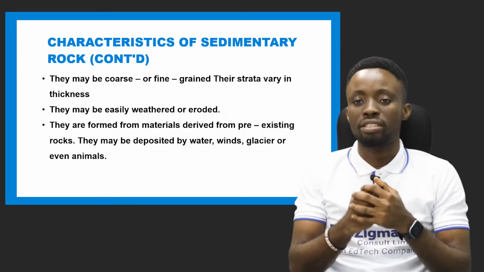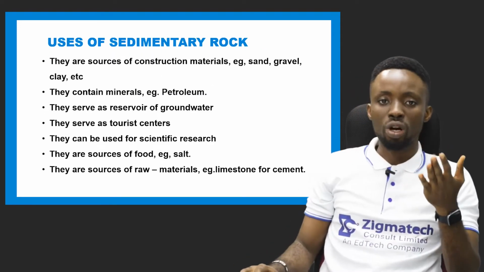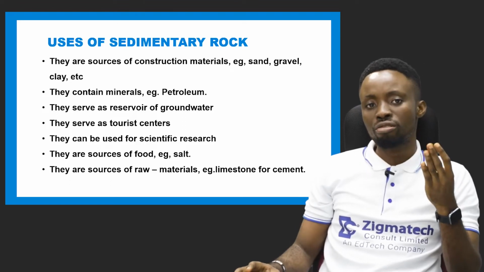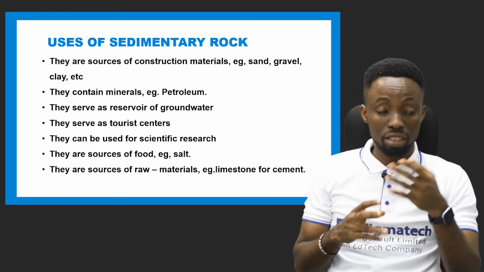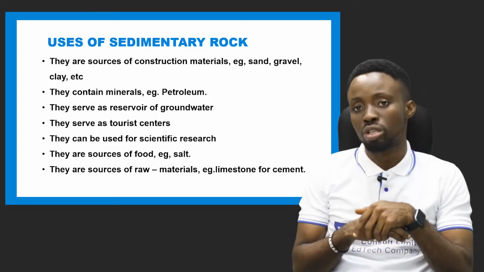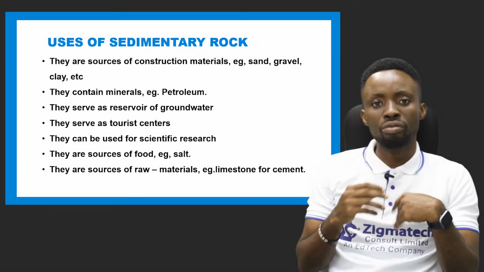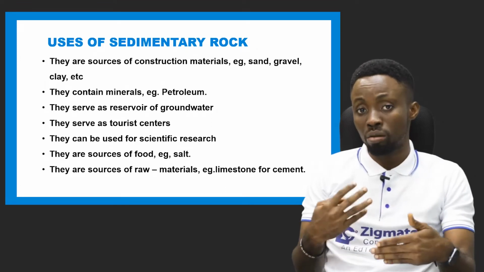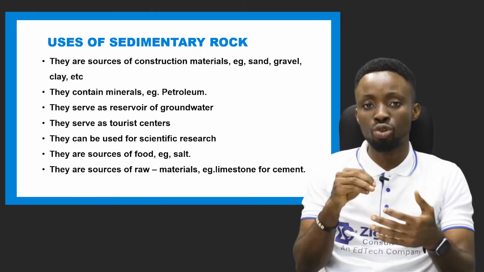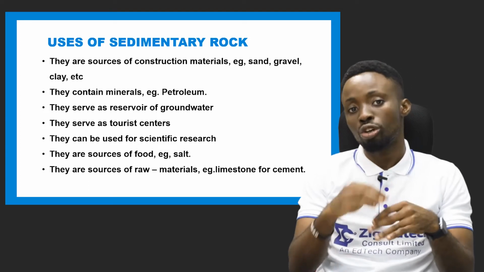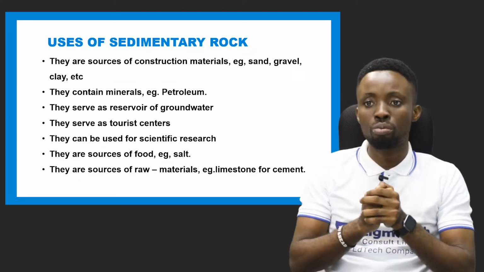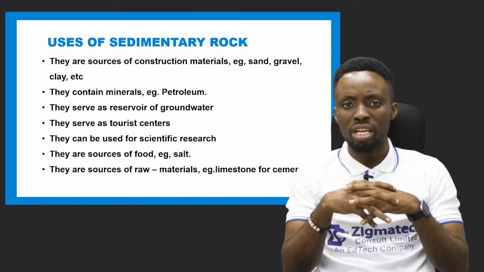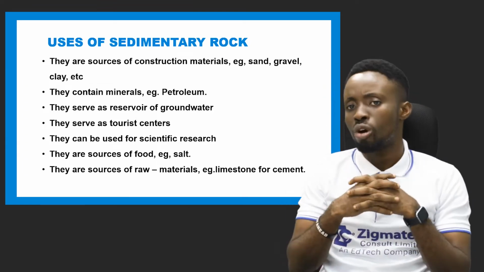So, what are the uses of sedimentary rocks? Sedimentary rocks are used for construction, like sand and sandstone. Some of them contain minerals, like the organic type of sedimentary rock. So when you bore a hole through them, you're going to extract some form of minerals like crude oil. They also serve as a reservoir for groundwater.